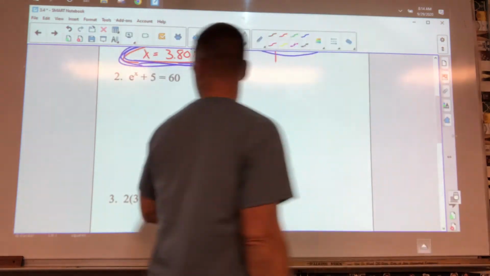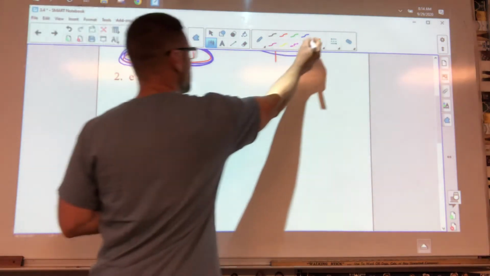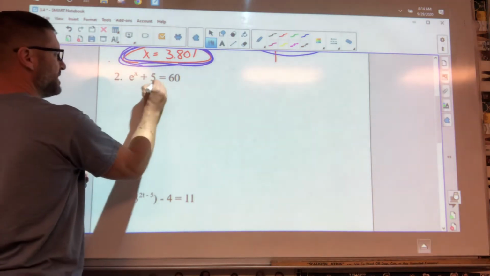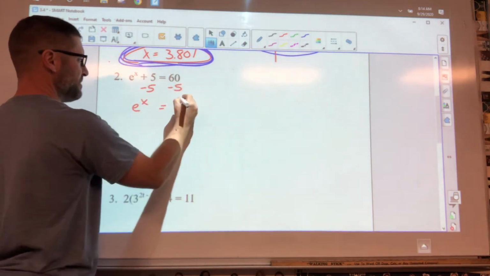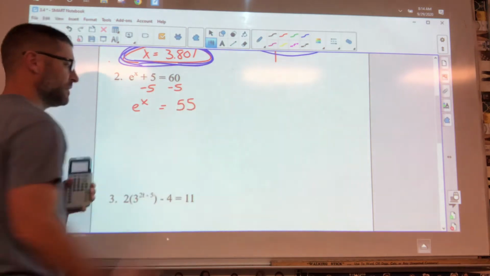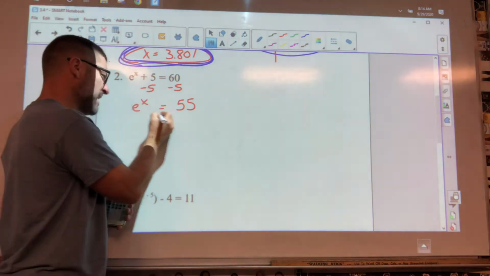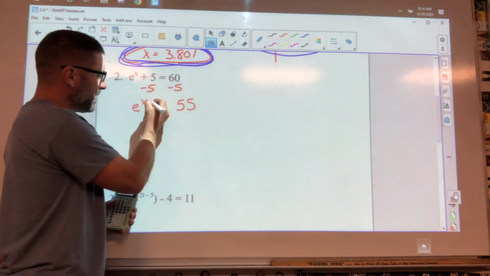All right, e to the x plus 5 equals 60 is the next one. First thing I'm going to do is move the 5 over, so I'll go minus 5, minus 5. I get e to the x equals 60 minus 5, which is 55. Now, again, I could pigtail it: log base e of 55 equals x.